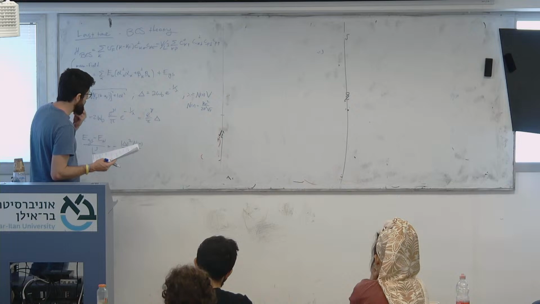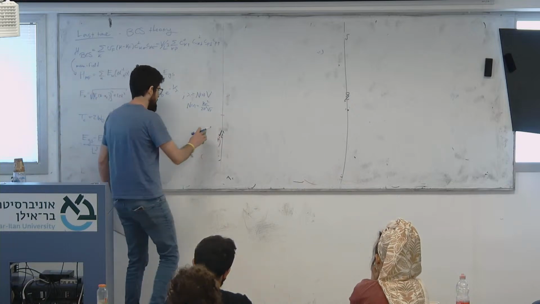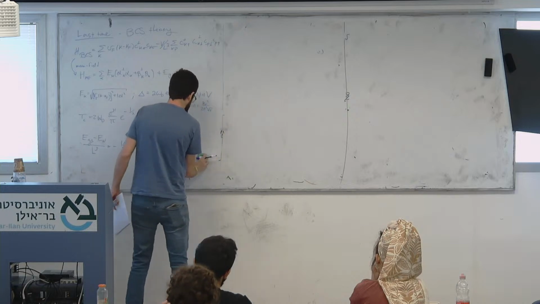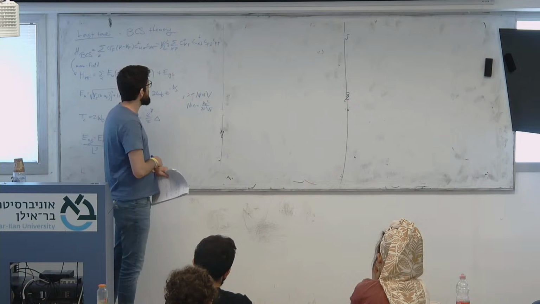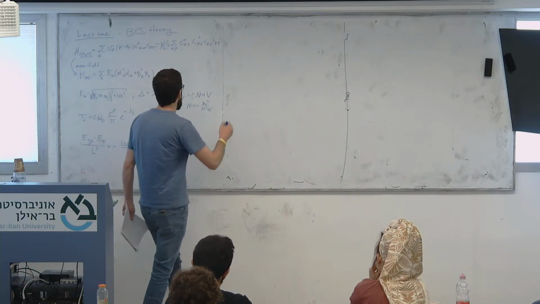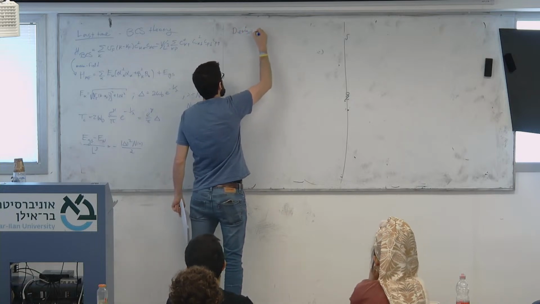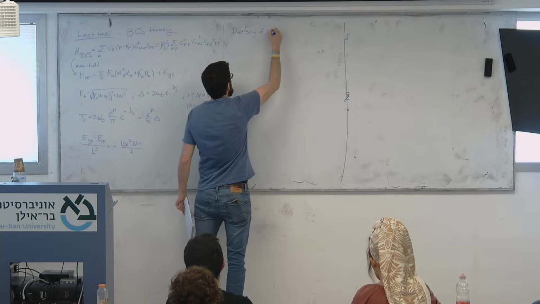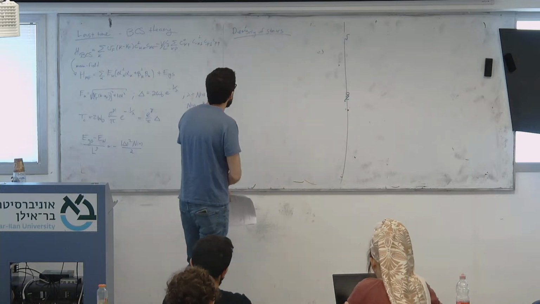And then we started looking into the specific heat. I was about to compute the specific heat, but then I suddenly remembered that I didn't compute the density of states. So let me compute the density of states. This is a very simple task.